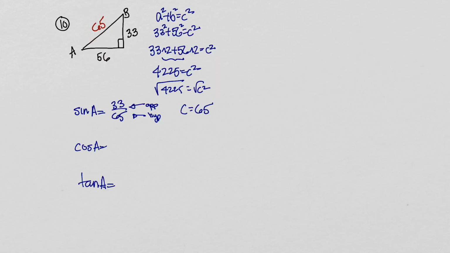So this is going to be 56 over 65. And then the tangent of A is the opposite over the adjacent. So this is going to give us 33 over 56.